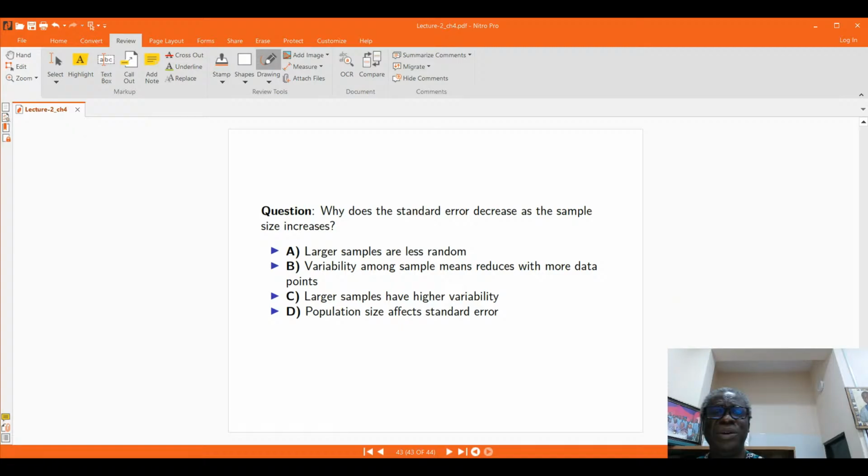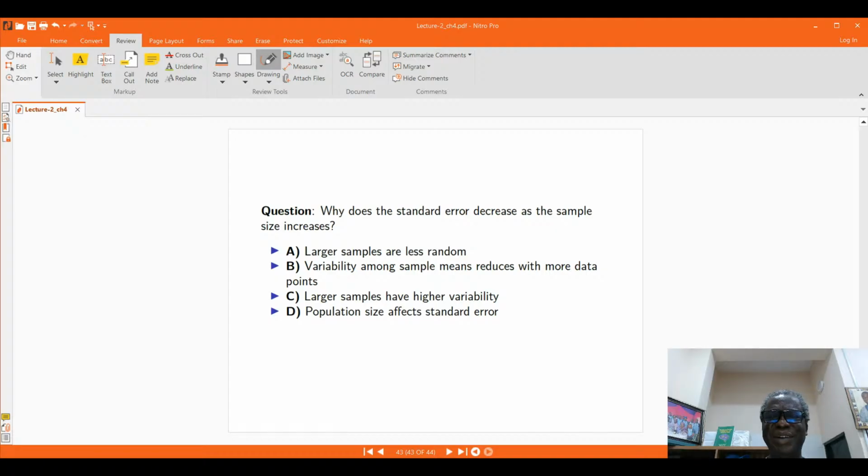Finally, why does the standard error decrease as the sample size increases? A, larger samples are less random. B, variability among sample means reduces with more data points.